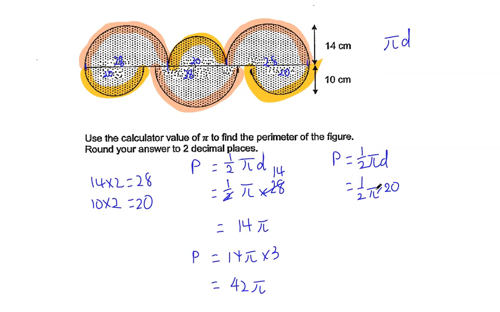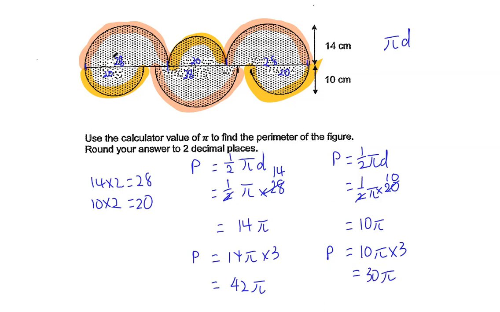We can reduce this to the lowest term, we have 10 pi. Now we want the perimeter for the 3 small semicircles, so we multiply by 3. 10 pi times 3, we get 30 pi, correct?